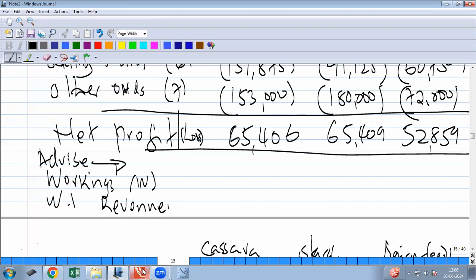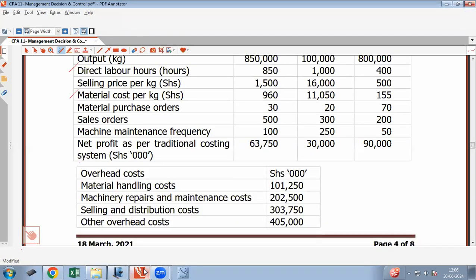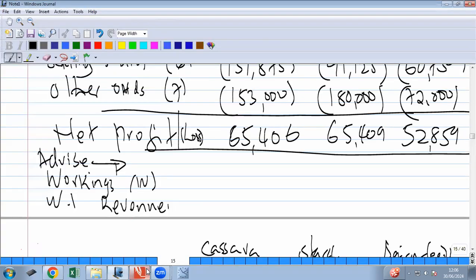What you need to look at first is the profits. Are all these profits higher than the one for traditional? Let us look one by one. For cassava, we have 63,750 and here we have 65,406. Is it better than the traditional? Yes, because the profit here is higher than the other side.